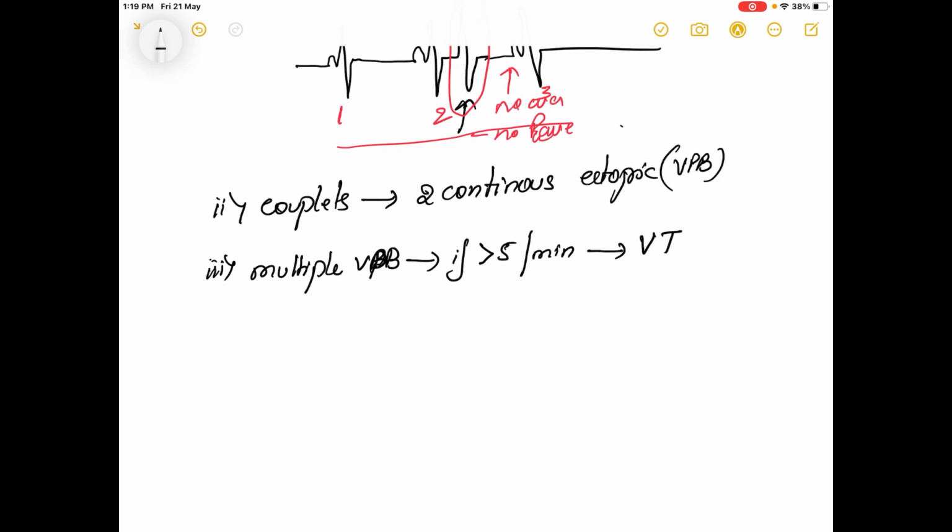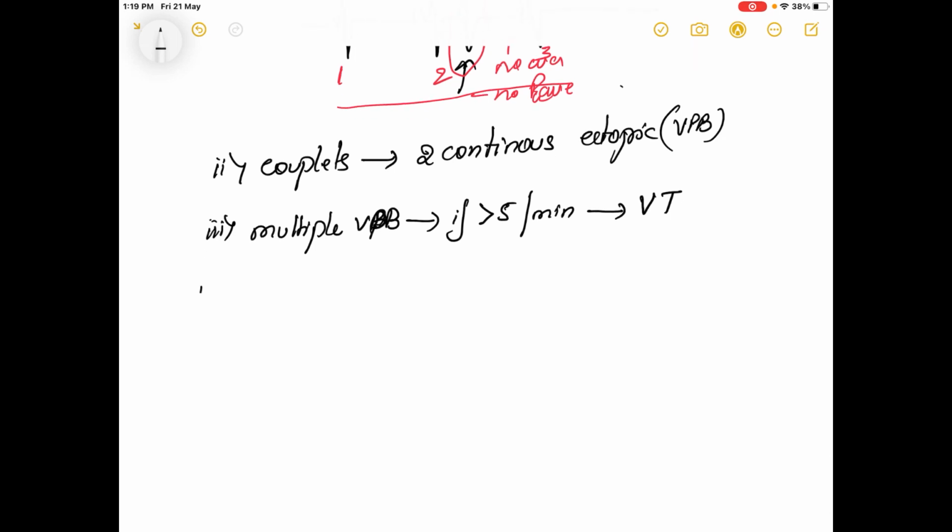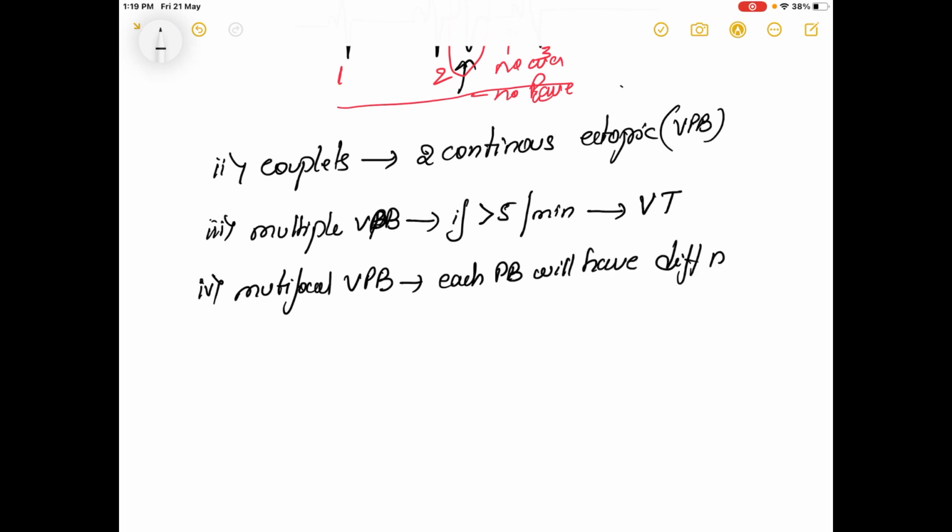Then the fourth one, multifocal ventricular premature beats. Here each premature beat will have a different morphology.